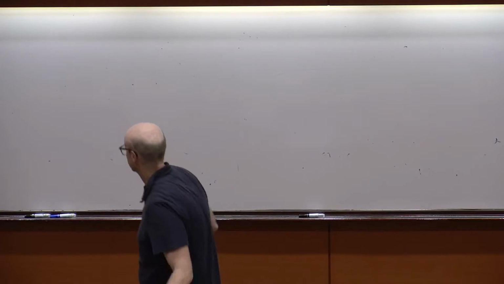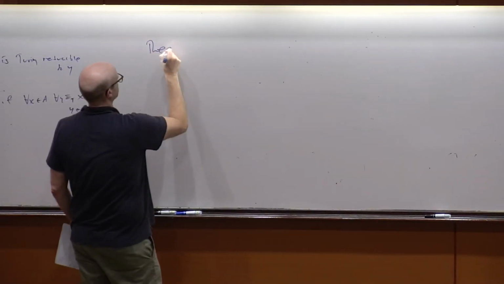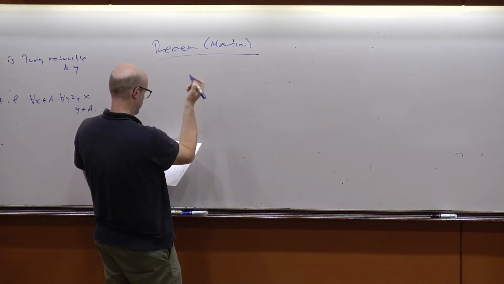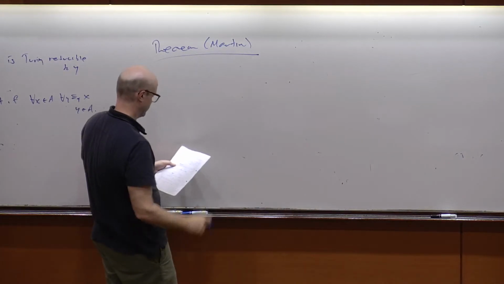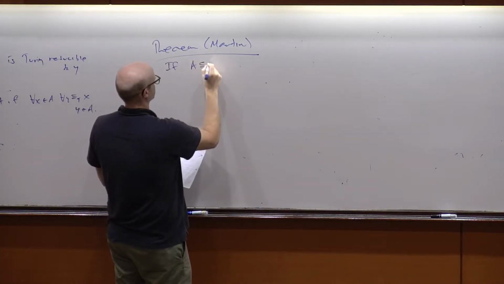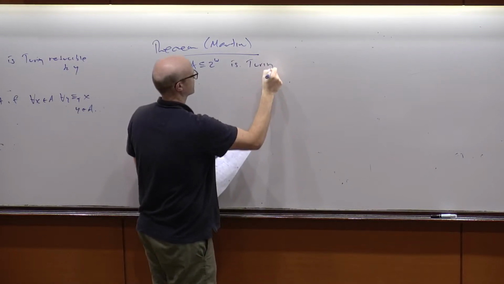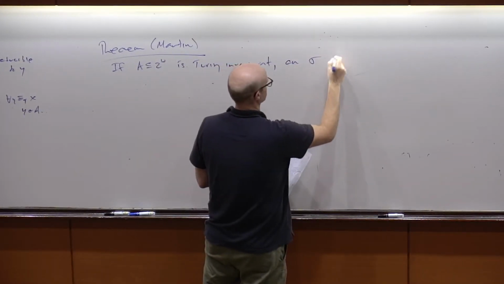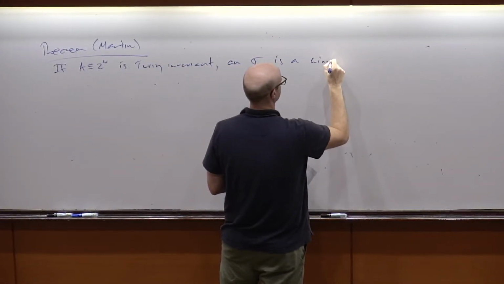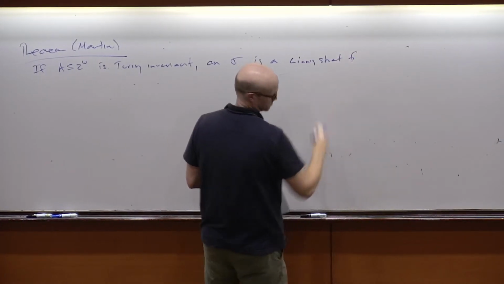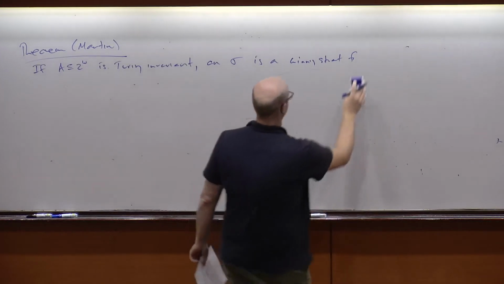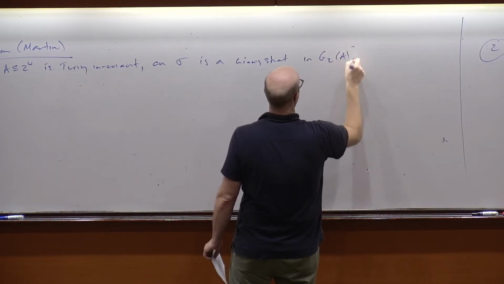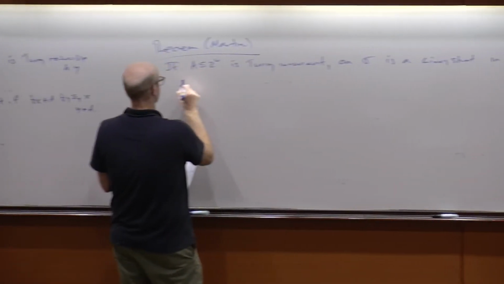I'm going to state it this way: if A contained in the Cantor set is Turing invariant, and sigma is a winning strategy for one player or the other in the game G2A, then, let's see.